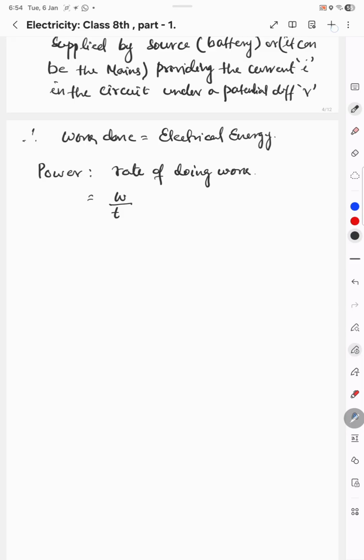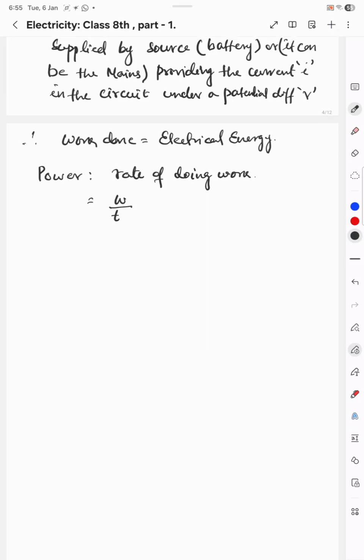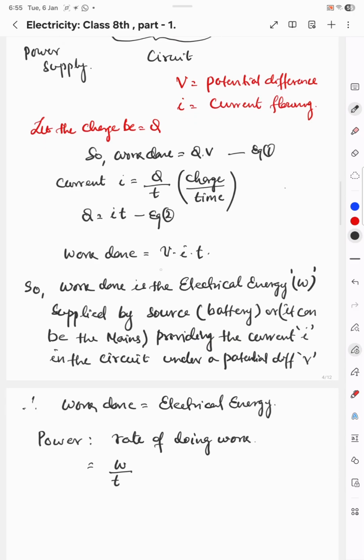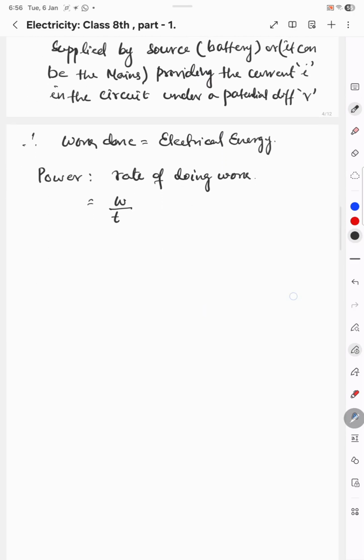Now from the previous calculation, what was the value of W? Work done was V into I into T. So let us substitute. My work done is V into I into T. Now this is divided by T, so this gets cancelled out. So my power is V into I.